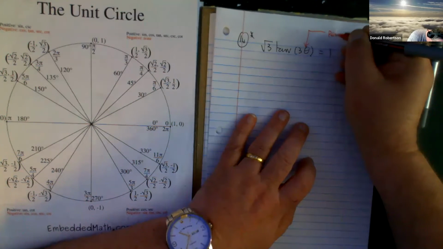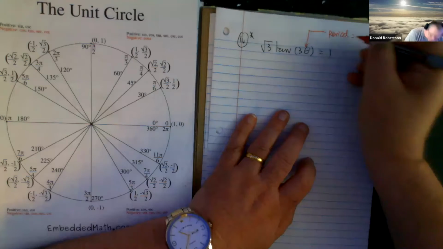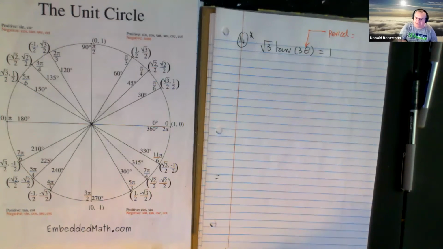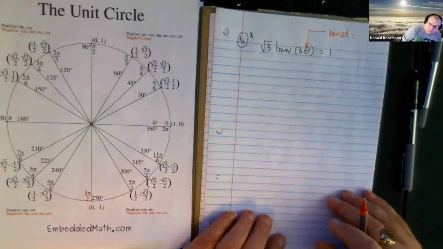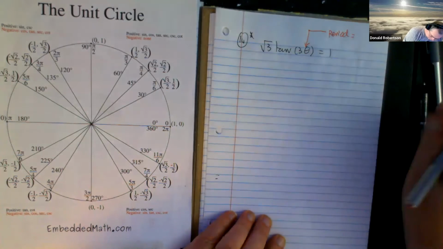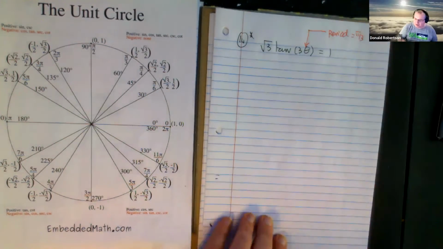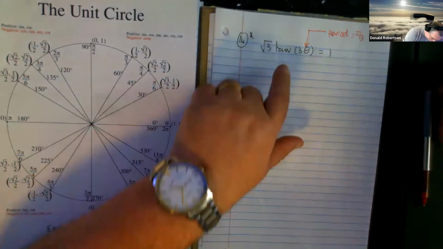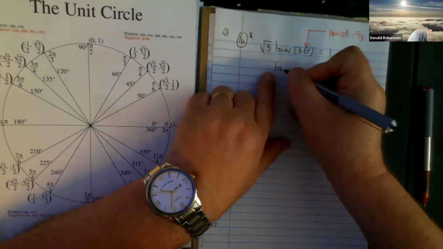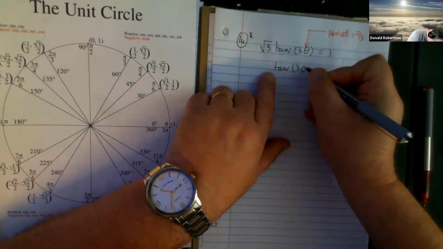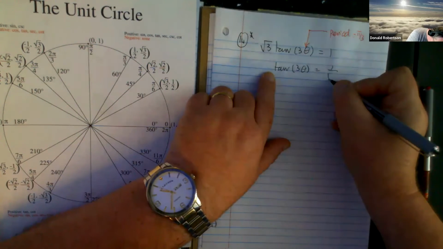What is going to be the period of this guy? And be careful. What is the period of tan 3 theta? Pi over 3? Correct. For a tangent, isn't it pi over the number, not 2 pi over the number, right? So you want to solve this guy. You are simply just going to divide by the square root of 3.